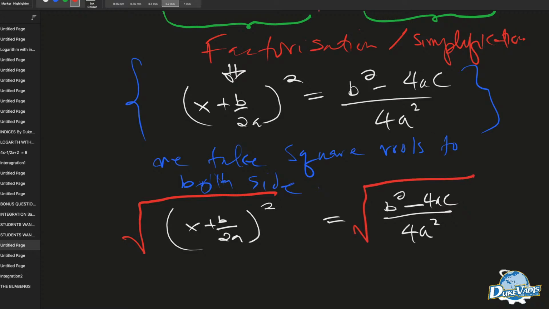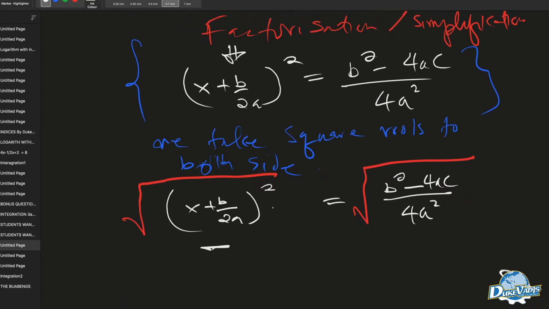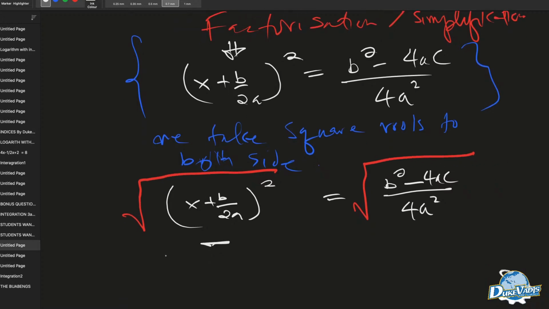We know that for this, because of the square, it can be written as x plus b over 2a, because the square root, which is the whole expression raised to the power half, multiplied by 2 will be equal to 1.